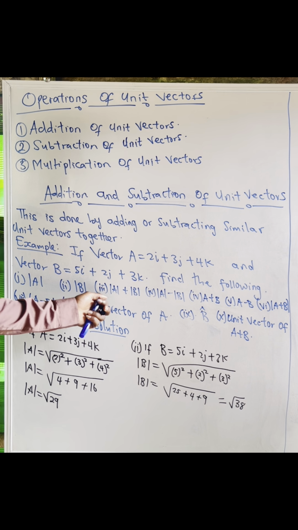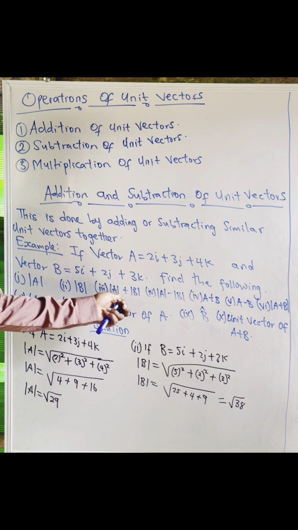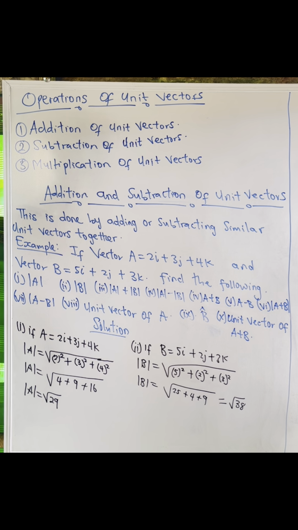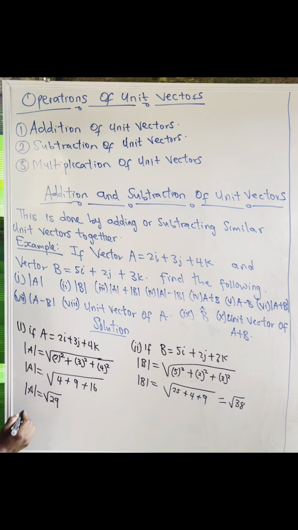Now the question asks us to look for magnitude of A plus magnitude of B, and magnitude of A minus magnitude of B. If you want to look for the magnitude of A plus magnitude of B, then this would equal root 29 plus root 38.